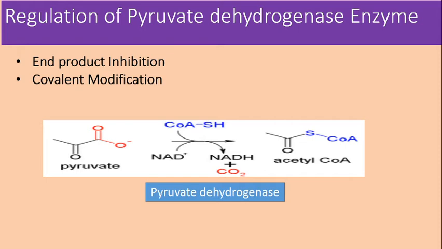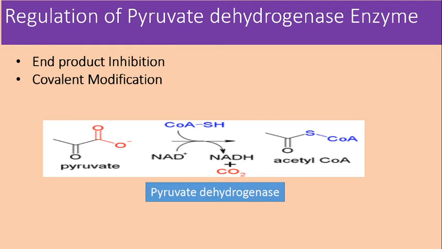In prolonged starvation and during diabetic condition, glucagon will induce lipolysis and enhance fatty acid oxidation in the liver, which will cause a rise in the concentration of acetyl CoA and NADH, thereby inhibiting the activity of pyruvate dehydrogenase complex by activating pyruvate dehydrogenase kinase.